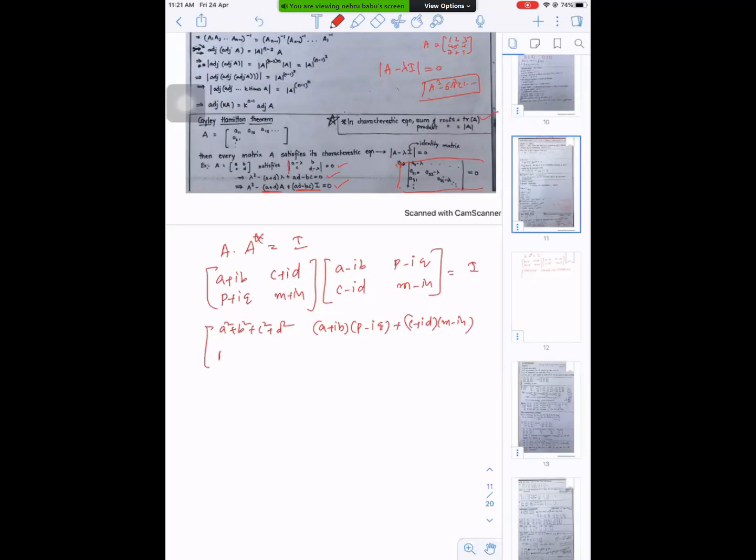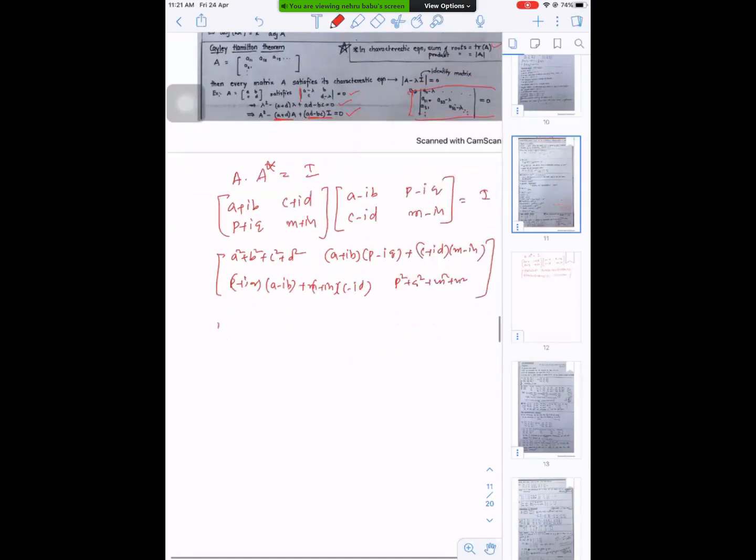And this part: P plus iQ into A minus iB plus M plus iN into C minus iD. Next, if you multiply this, it is P square plus Q square plus M square plus N square. So here the results are: A square plus B square plus C square plus D square equal to 1, and P square plus Q square plus M square plus N square is also 1.